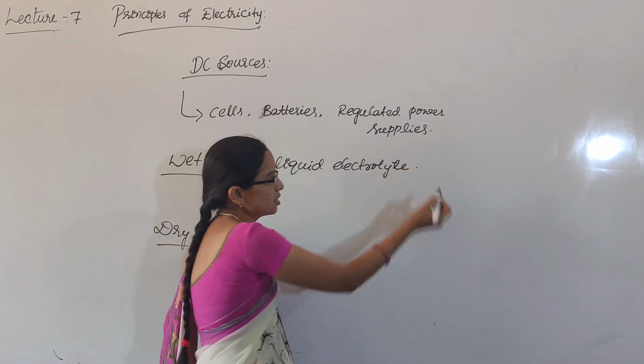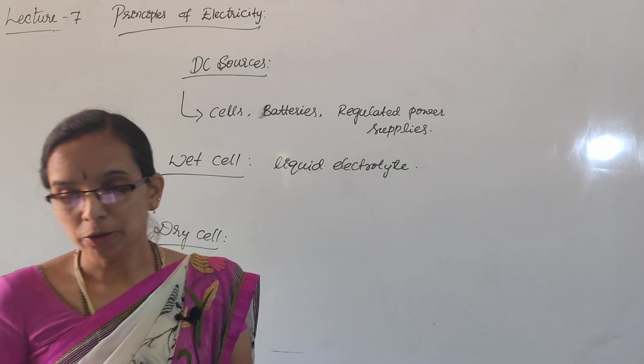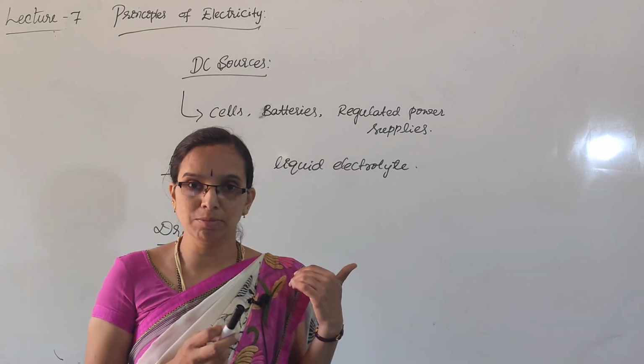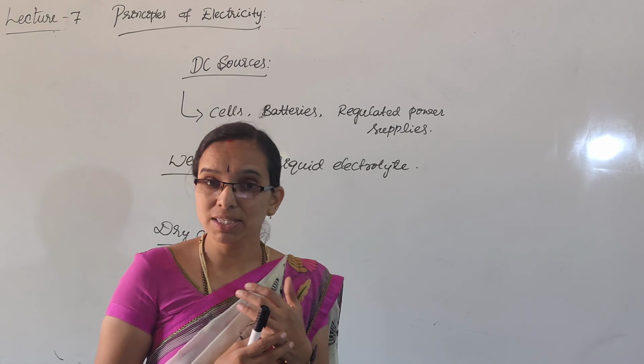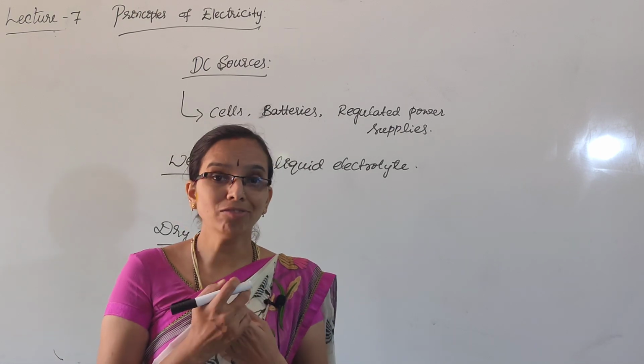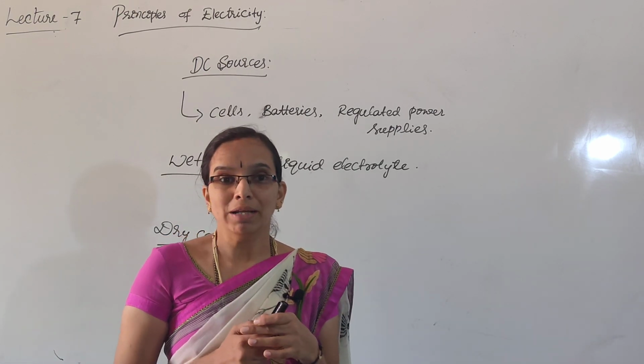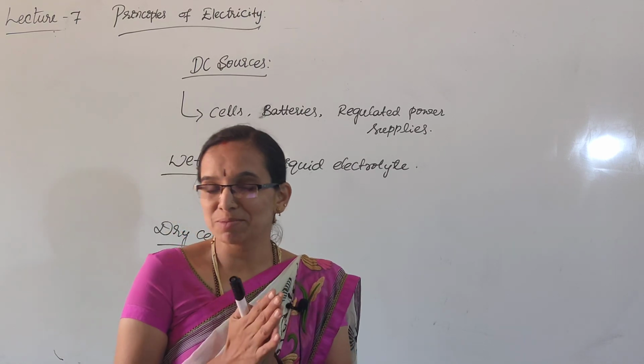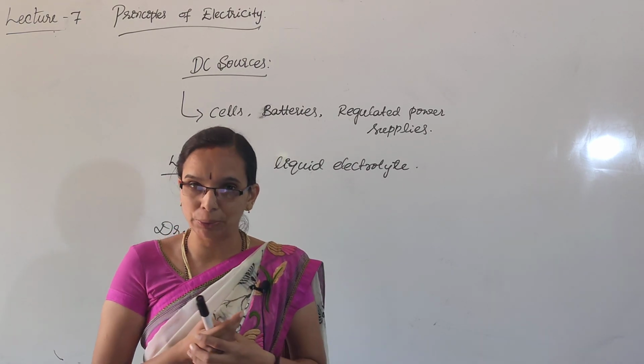You might have studied electrolysis in chemistry and how these batteries are constructed, so you might have good knowledge about this. My chemistry is so weak, so I will not explain much about this and it's not required.